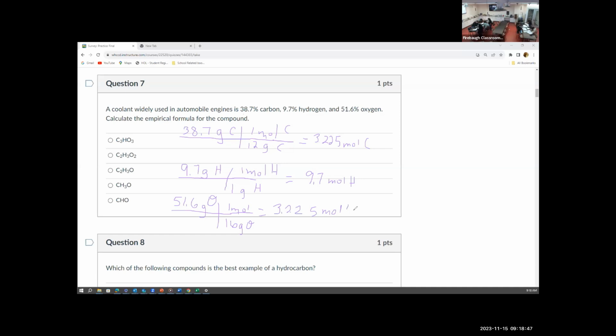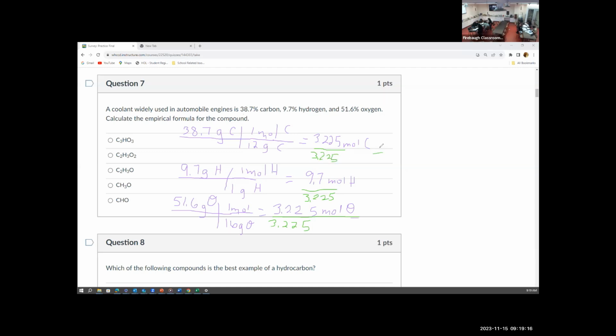So I divide by the smallest, 3.225 and 3.225.